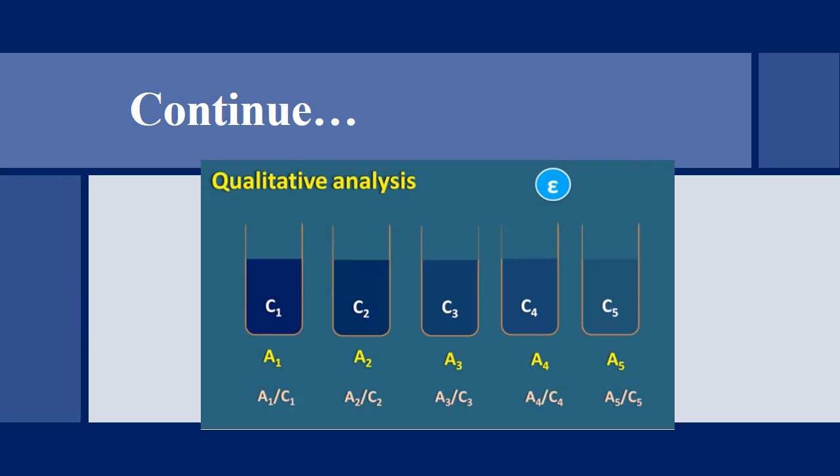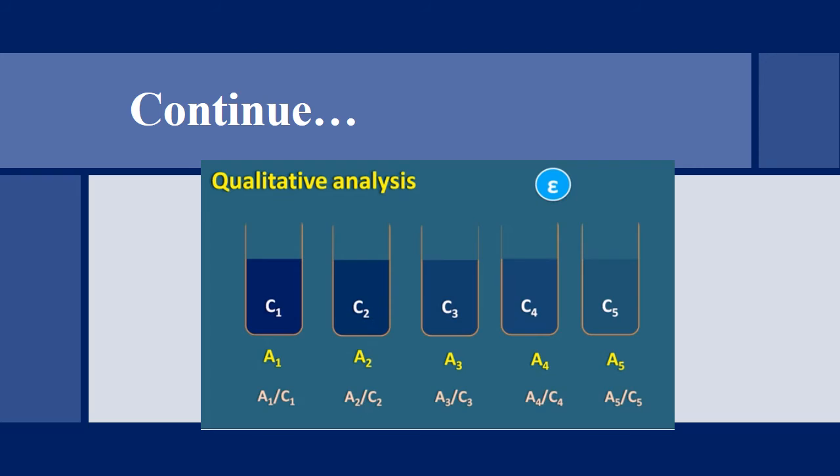Now if I talk about the application of the Beer-Lambert law, there are two types of analysis, qualitative analysis and quantitative analysis. Firstly I will talk about the qualitative analysis. Here I have the 5 solutions. Each one of the solutions has a different concentration, as you can see in the slide, so each one of them has a different color.